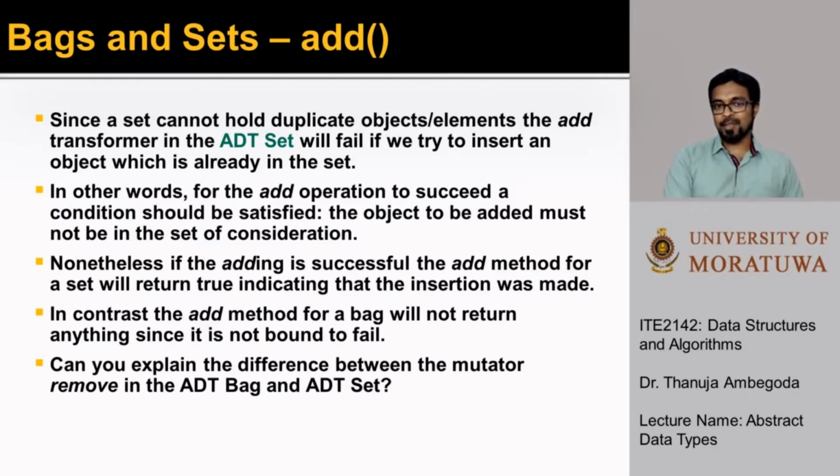So next, can you explain the difference between the mutator method, remove, with reference to bag and set? You can take a couple of minutes to think about it. You can probably pause the video while thinking about it, and when you're ready with the answer, you can continue.